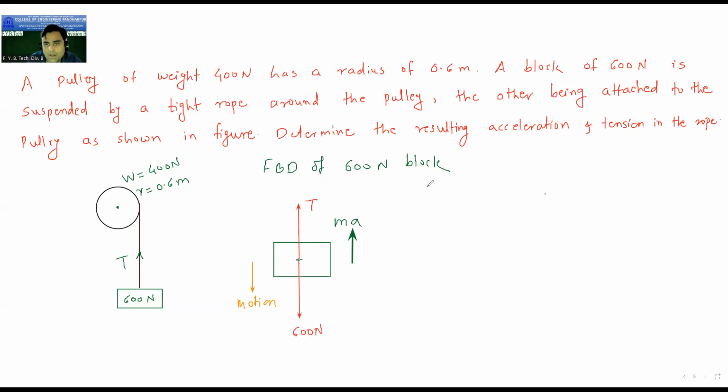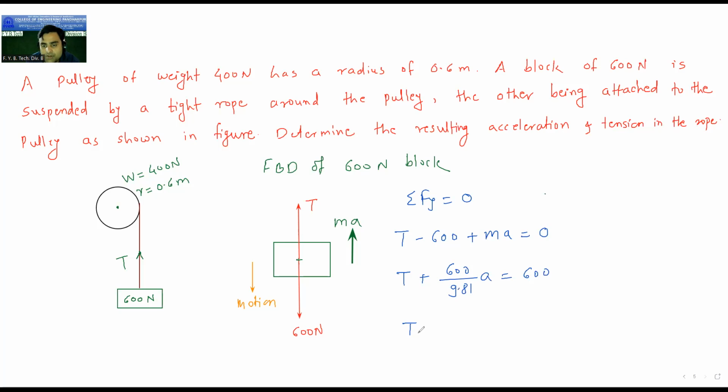Now if I apply summation Fy equal to 0 here, T is moving upward, plus, minus 600, plus MA is equal to 0. So T plus 600 divided by 9.81 into A is equal to 600.